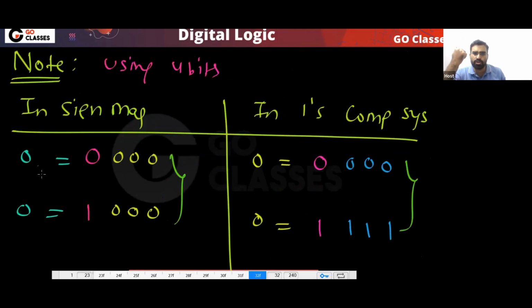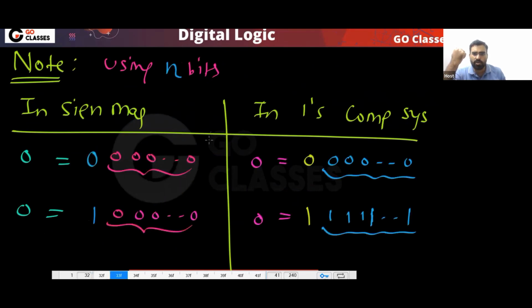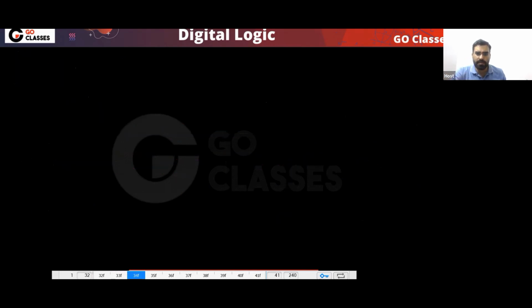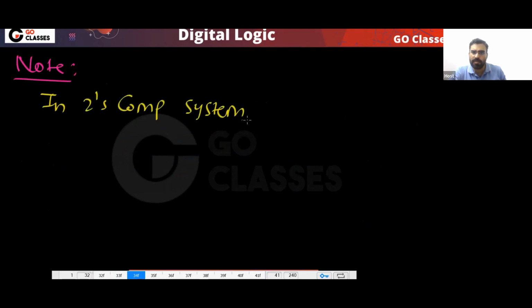In sign magnitude for 0 these are the 2 representations, and in 1's complement for 0 these are the 2 representations. And remember, in 2's complement every number has a unique representation, correct? In 2's complement system every number has a unique representation.